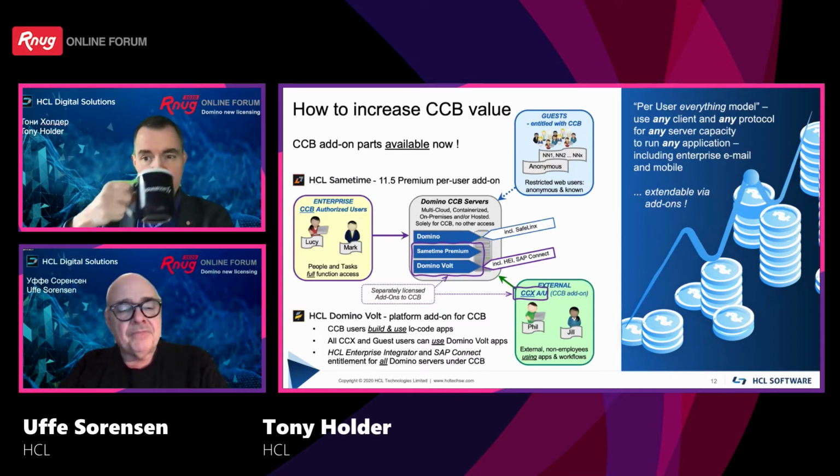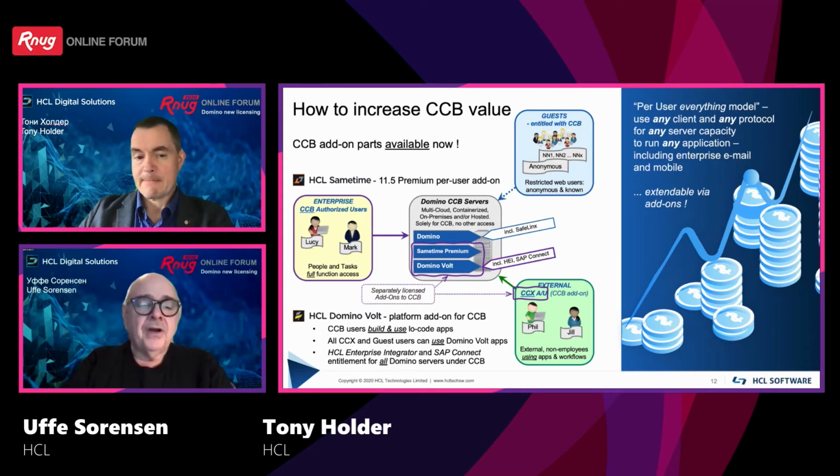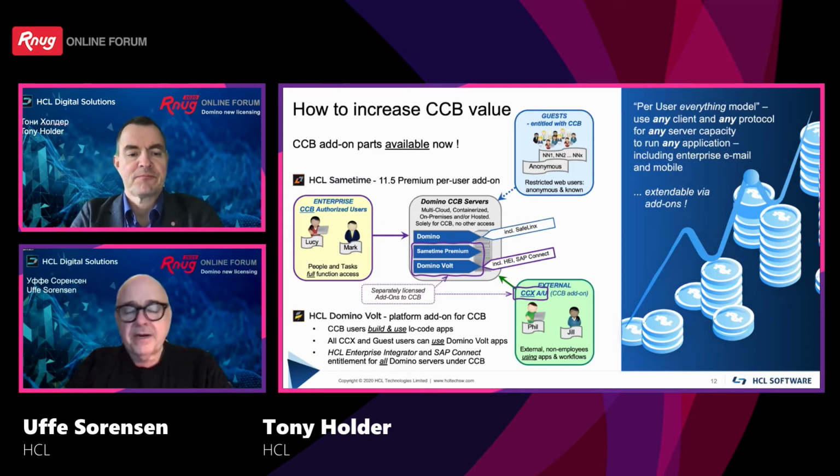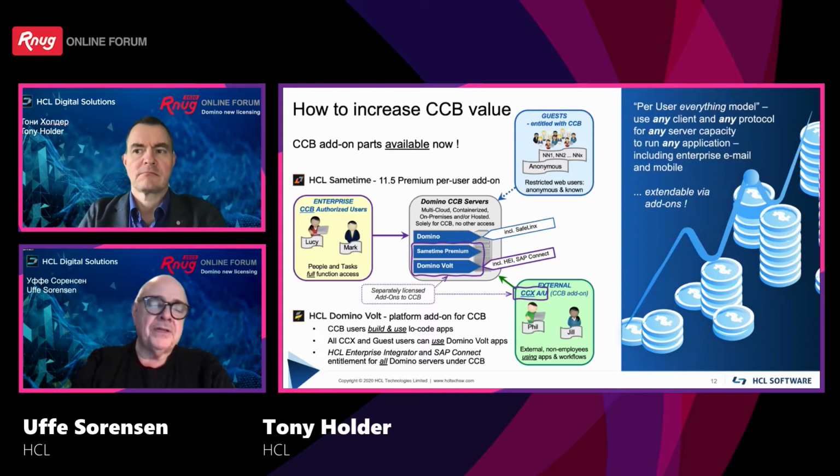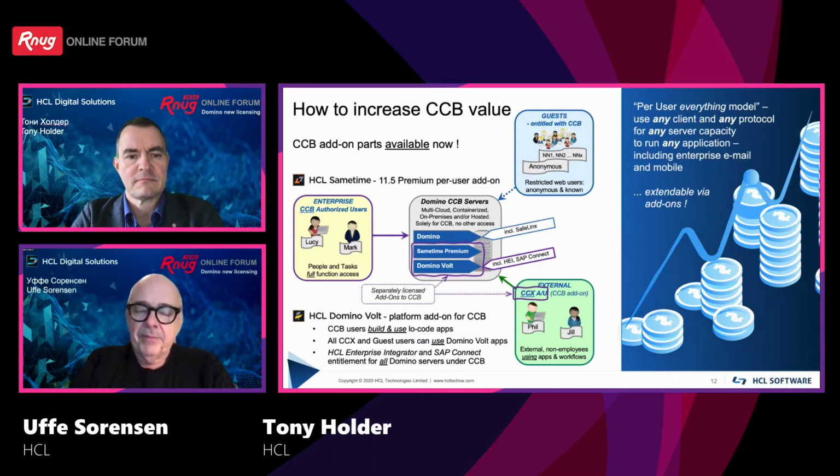On top of that, we also include the SAP connector, also with all the Domino servers under CCP, for exactly the same reason: we believe that you need this capability to be fully able to extend your low-code capabilities and, using your production data and existing environments, integrate through HEI or the SAP connector. And we simply include it, so that's what you get on top of extending with Vault, which we think is a very significant value add.